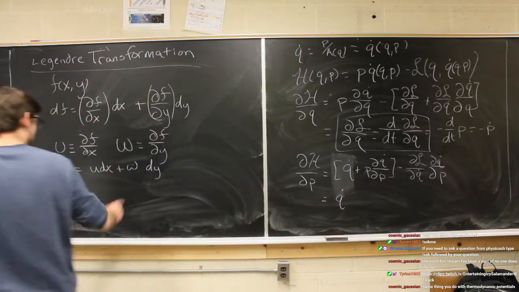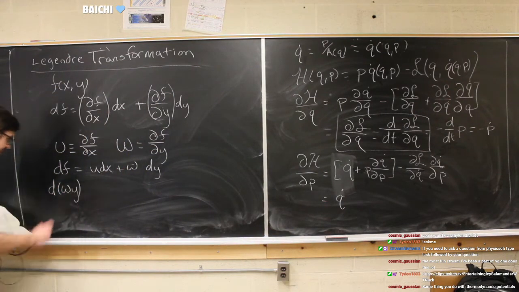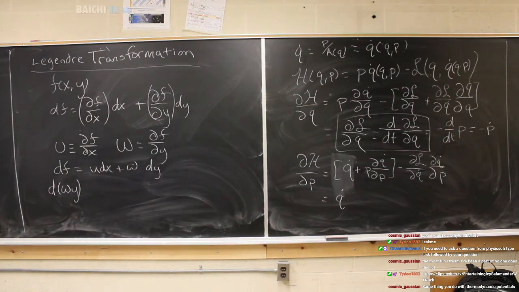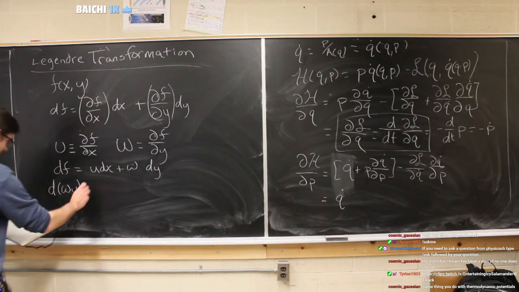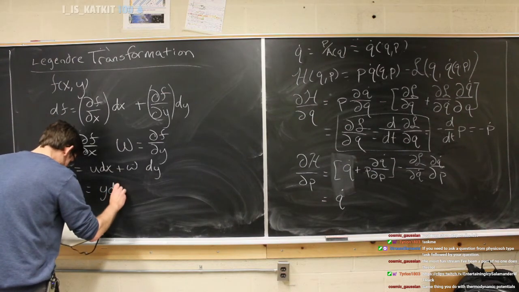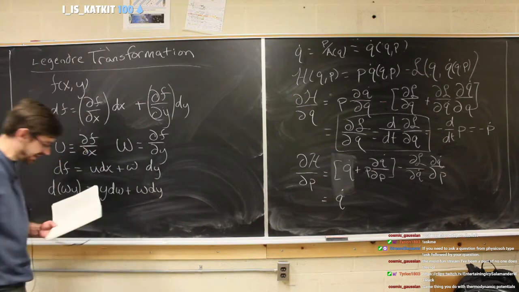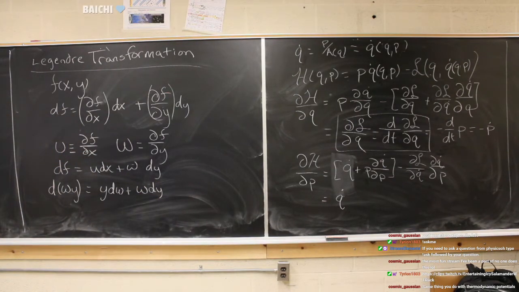But let's see, what if we did the derivative of wy? So we did the derivative, this is just a chain rule, or the product rule, more or less. y dw plus w dy. Okay, no big deal, right? Just going to pull that out.